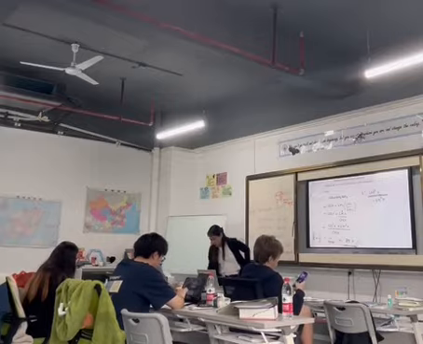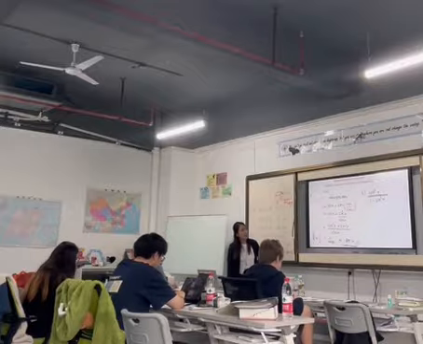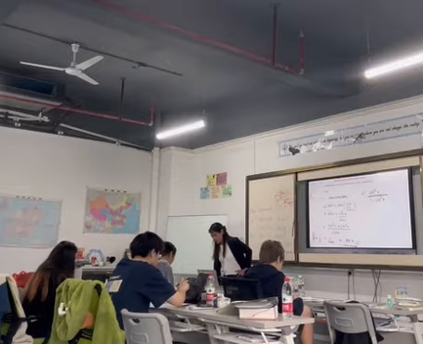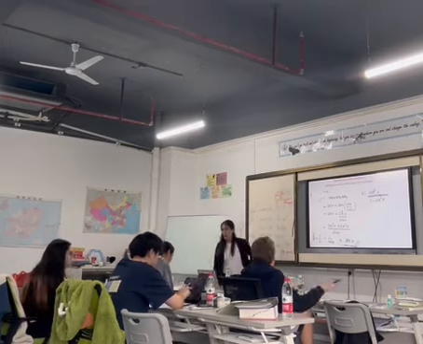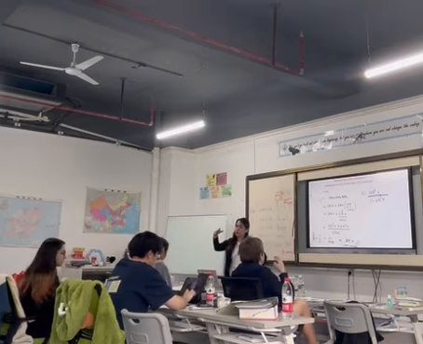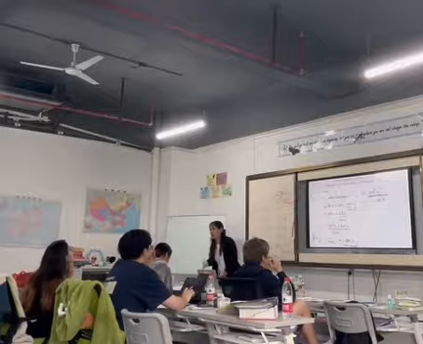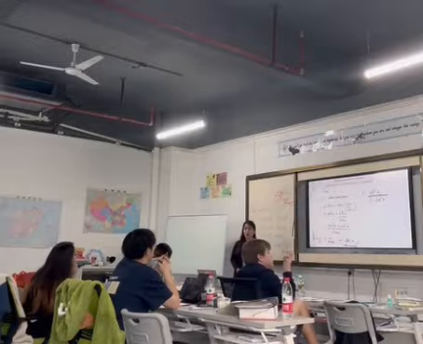Okay, for letter B, how could we simplify the problem? If you are going to simplify it, the given is tangent. The tangent should be converted into sine and cosine.